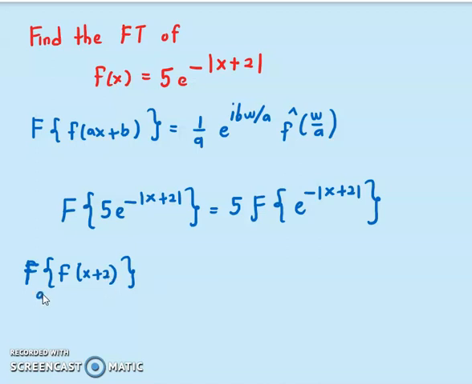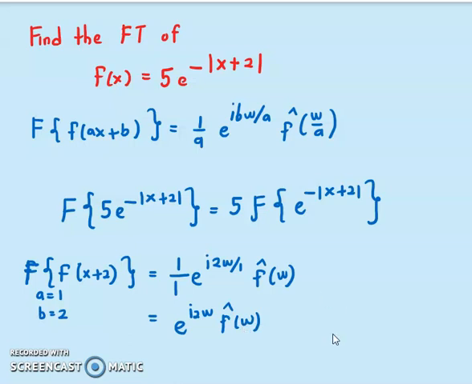My a is 1, my b is 2, so using this formula that will give me 1 over 1 e^(i 2 omega / 1) f hat omega. So I have e^(2i omega) f hat omega.